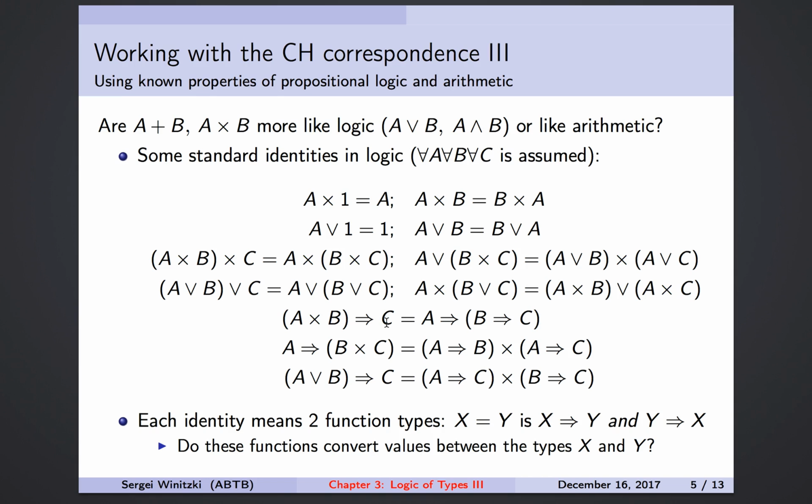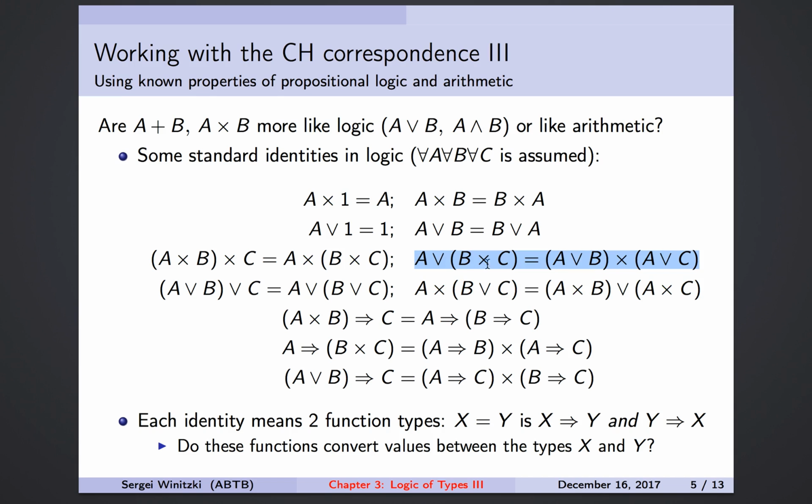Also, the distribution of disjunction is not true in arithmetic. So this would mean A plus B times C equals A plus B times A plus C. And that's obviously false in arithmetic. In arithmetic, only the distribution of conjunction, or distribution of a product over the sum, works, but not distribution of sum over product.